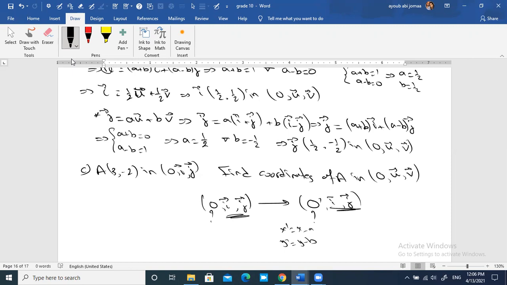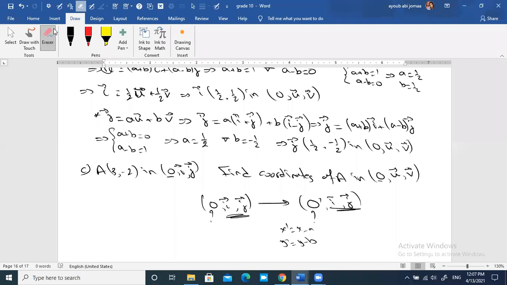While in this one, no, we have a difference. The bases are changed. We have different bases. Here we have basis IJ, here we have another basis. But moreover, if you are going to apply the rule X prime is equal to X minus A, we have the same origin. True.